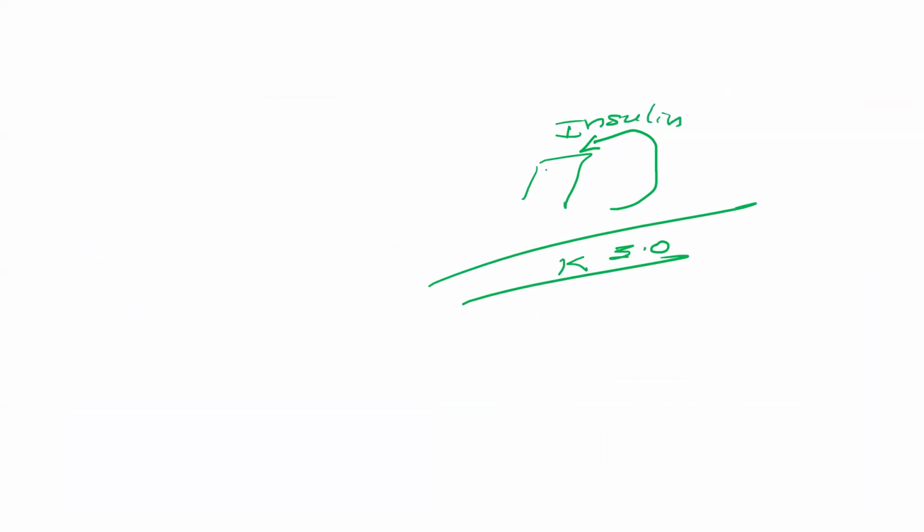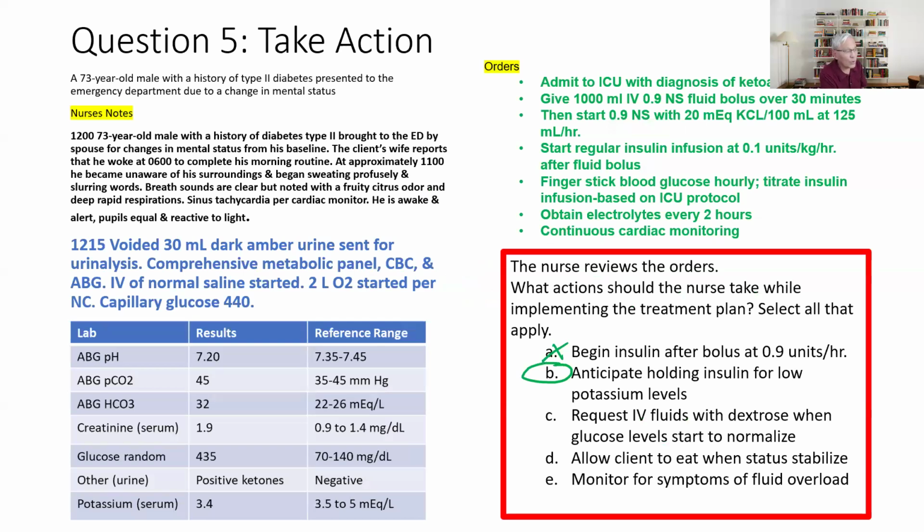The glucose goes in with the potassium too. So you don't want to make this happen. Therefore, you are going to hold insulin for low potassium levels.